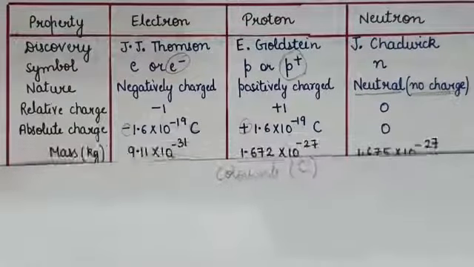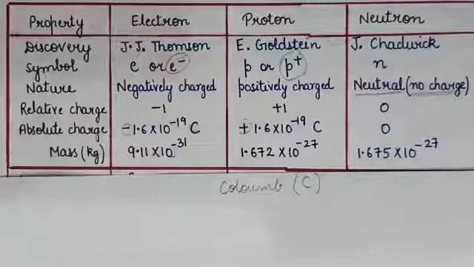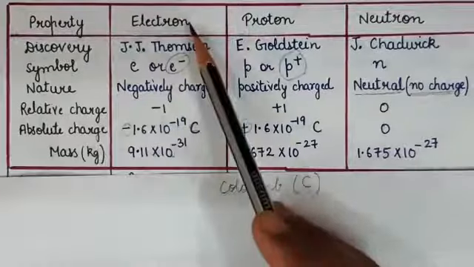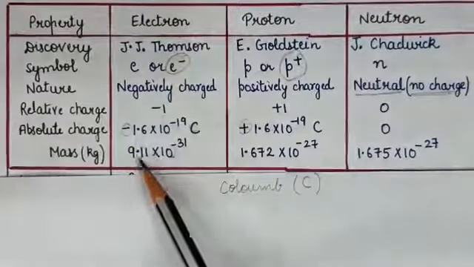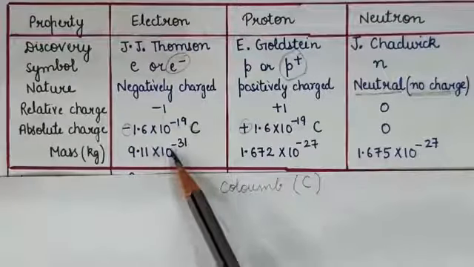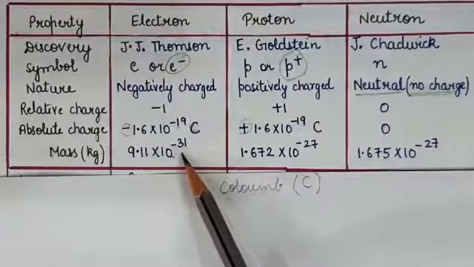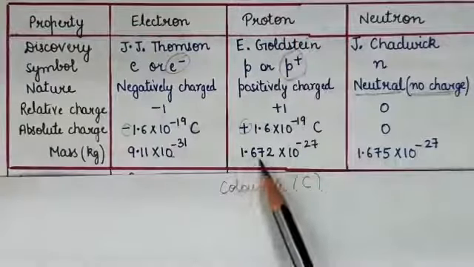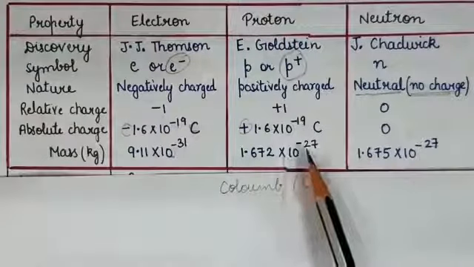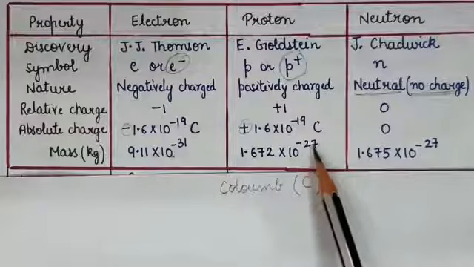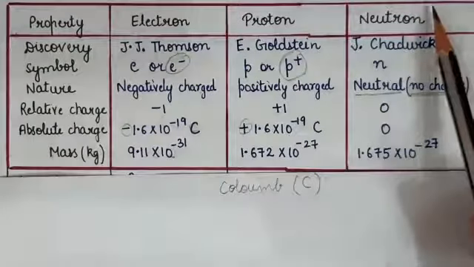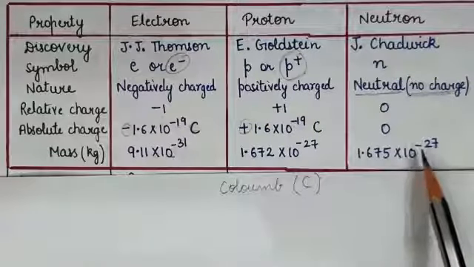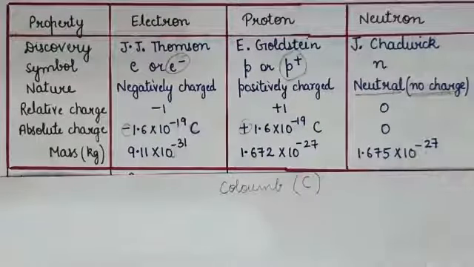Coming to the next property, mass in kg. Electron has mass 9.11 into 10 to the power minus 31 kg. Proton has mass 1.672 into 10 to the power minus 27 kg. And neutron has mass 1.675 into 10 to the power minus 27 kg.